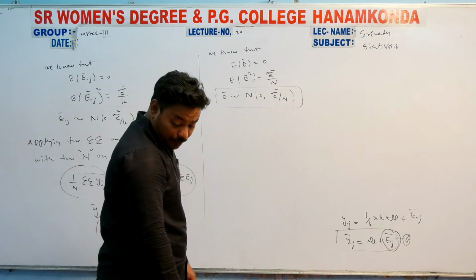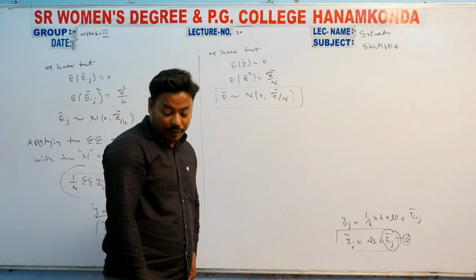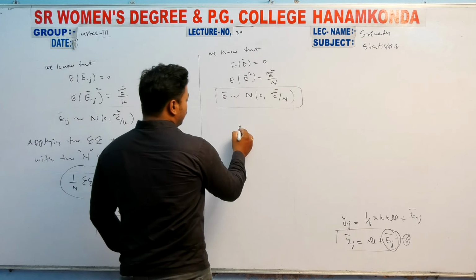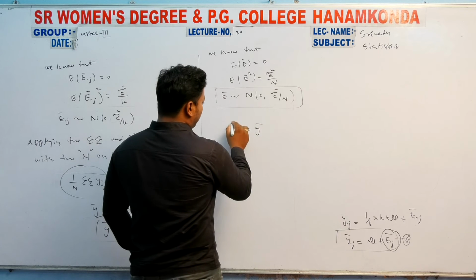Then estimating the parameters, by the estimation of parameter we get mu equal to y bar.